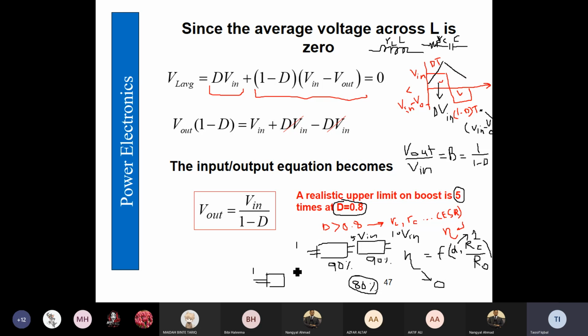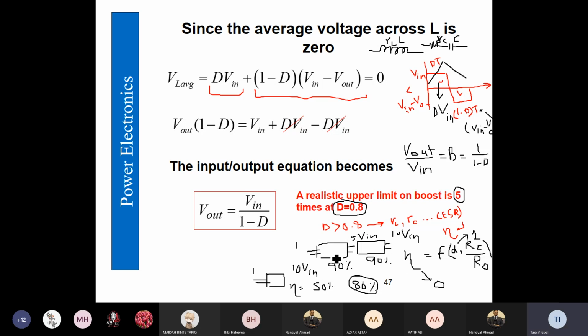So we have input voltage, we want the output voltage 10 times bigger than the input voltage, then the efficiency drops to a very low value that could be around 50%, depending upon the resistance ratio of parasitic components and the load.